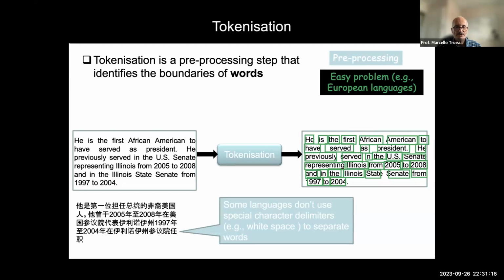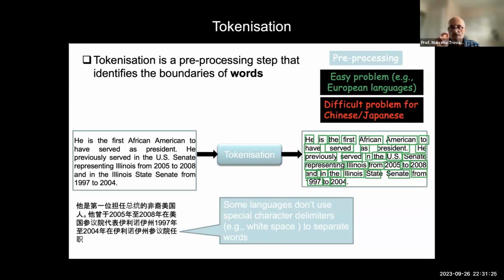For other languages that don't use special character delimiters, like a white space, it is much, much more difficult. It's a very difficult problem for Chinese and Japanese. And it's not a coincidence that many of the ChatGPT techniques are based on English, or at least on European languages, because they are easier, not to interpret, but to pre-process for certain.